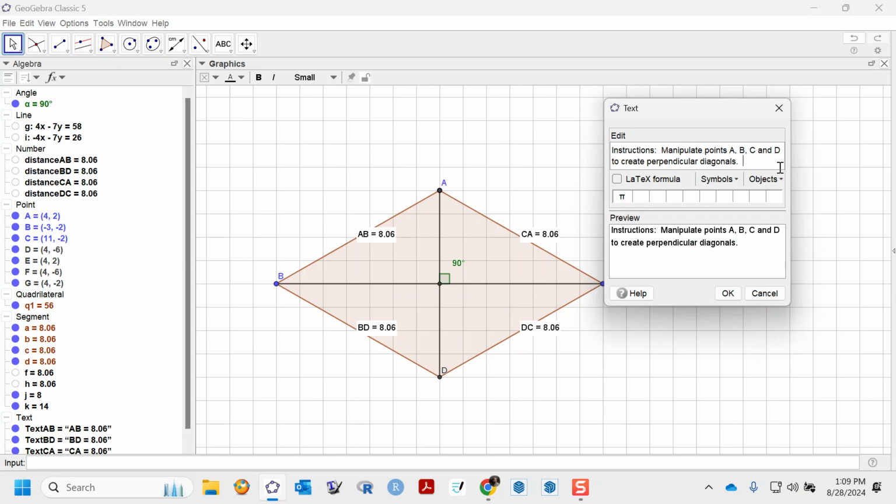You will notice that when the diagonals are perpendicular, the lengths of the sides of the parallelogram are always equal.